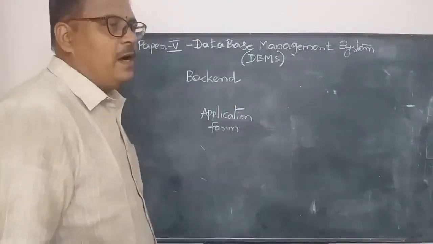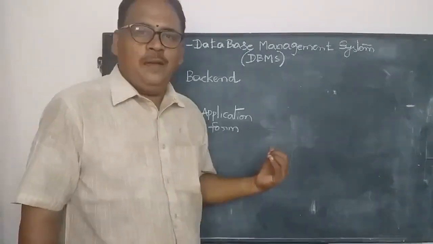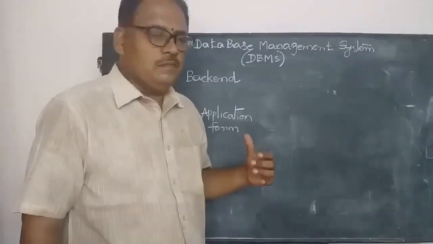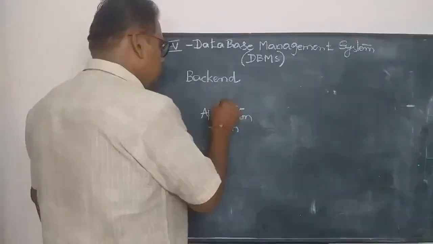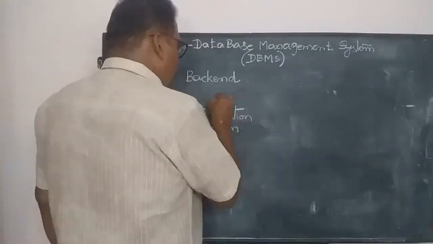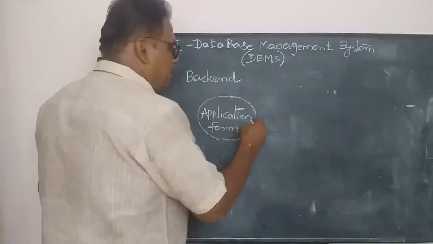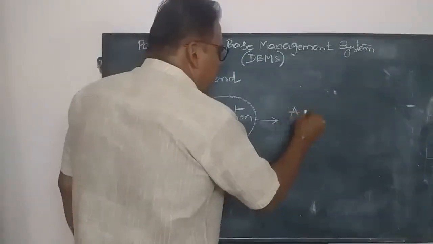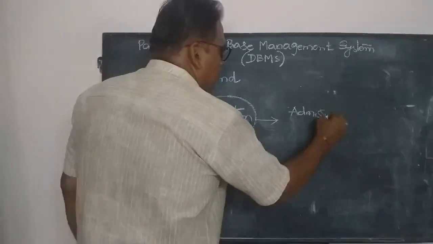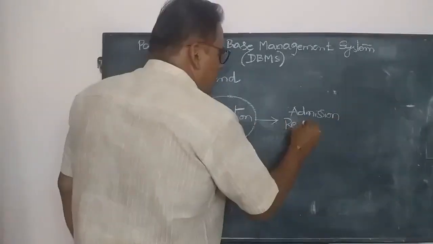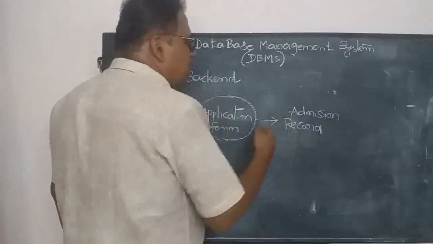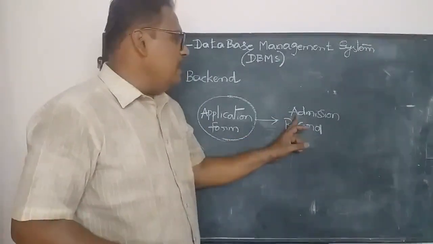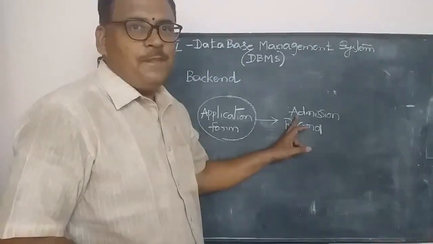This application form contains your name, your father's name, biodata, etc. After filling this application form, the college prepares an admission record. In this admission record, we maintain all of the particulars which are used for university purposes.